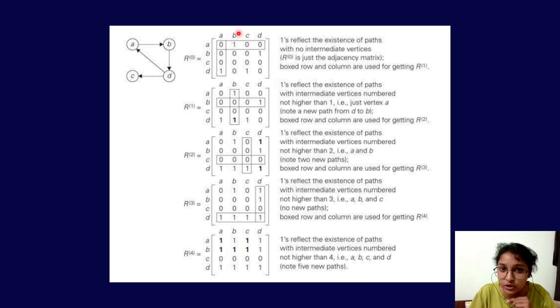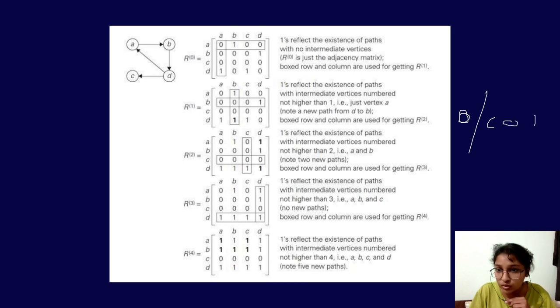Let's see from B to B if there is a path existing. According to the formula, is there a path from B to B directly? No, but OR operation, let's see if there is an existing path from B to A and A to B. B to A, is there a path?